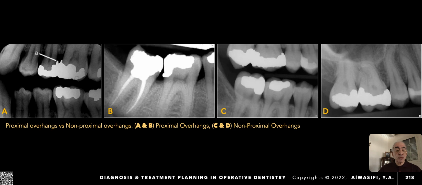Those are bitewing radiographs showing in figures A and B a huge overhanged margin.